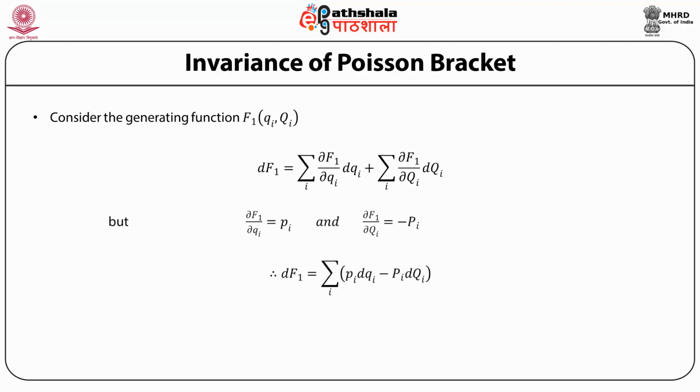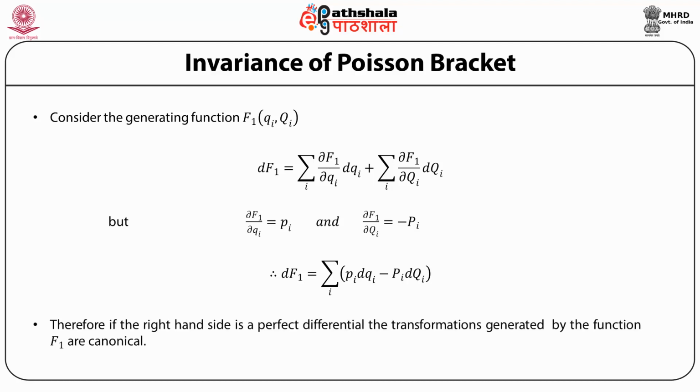Now, using the fact that dF1 by dqi is pi and dF1 by dQi is minus capital Pi, we obtain the total differential of this generating function F1 equal to the sum over i of the old momenta into dqi minus the new momenta into dQi. Therefore, if the right-hand side is a perfect differential, the transformation generated by the function F is canonical, because we have already proved that if this dF is a perfect differential, then the transformations are canonical.